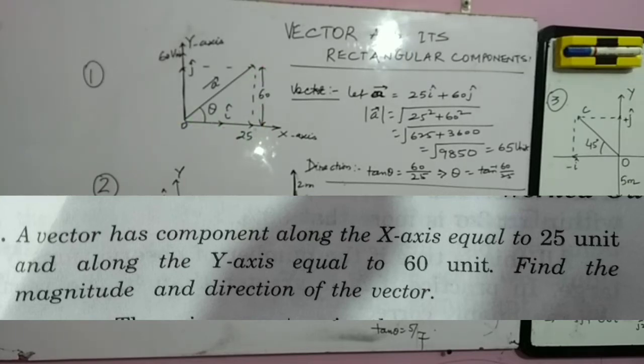What is the formula for tan theta? Tan theta is equal to height, this 60, upon base, this 25. So we are getting tan theta equal to 60 by 25, so theta will be equal to tan inverse of 60 by 25.